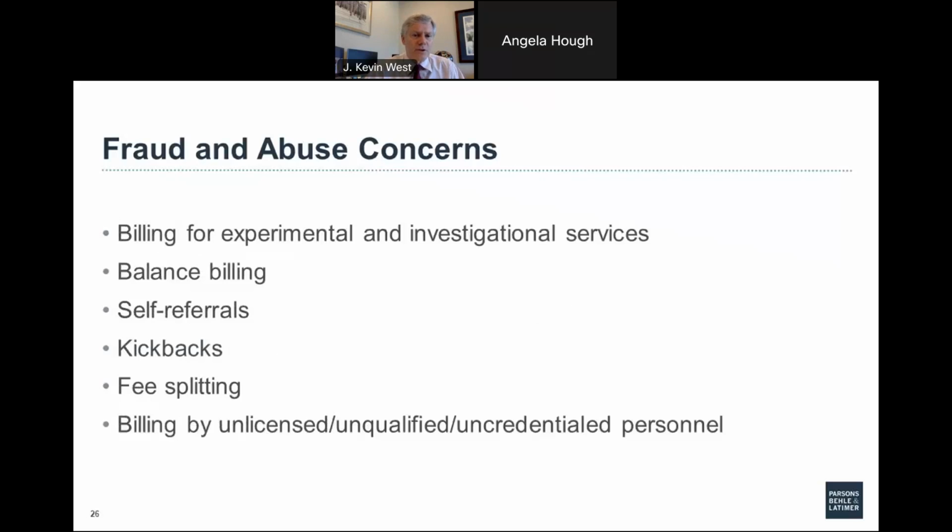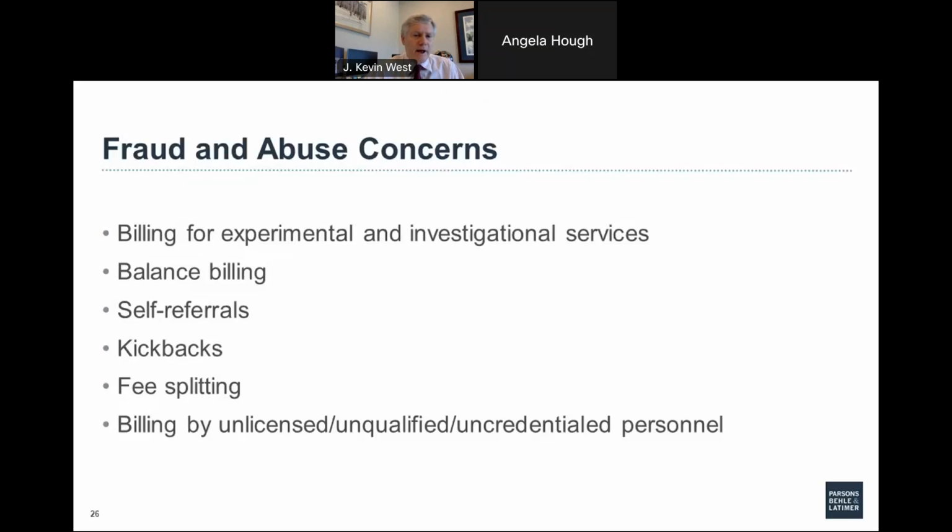most payers do not cover services that are considered experimental and investigational. And with the speed of technology these days and the innovation in healthcare, many services are being billed that are not yet approved by the FDA or by the various payers and are still considered experimental and investigational.